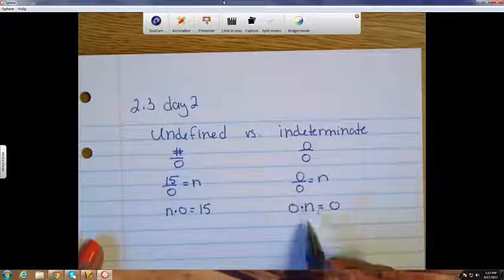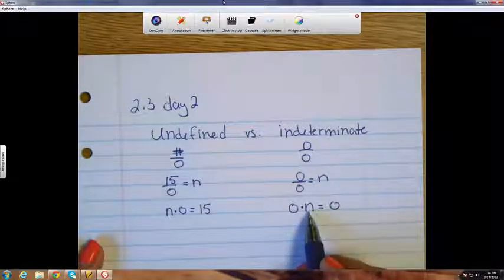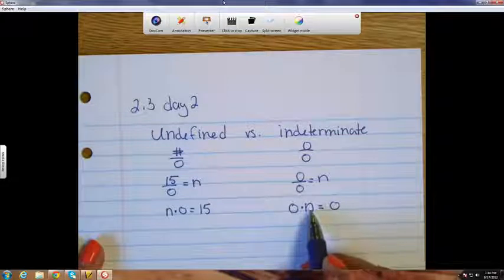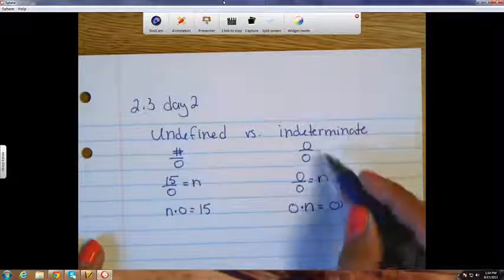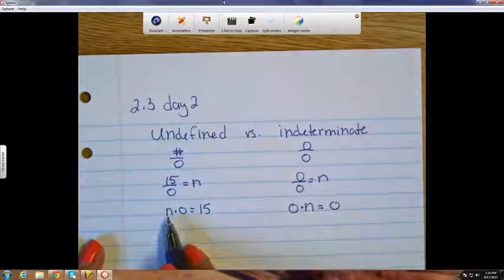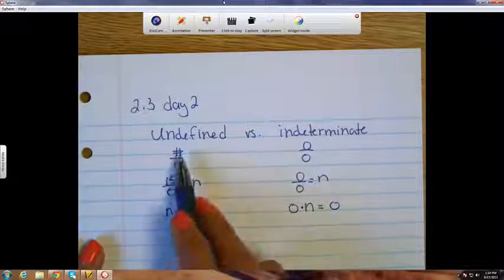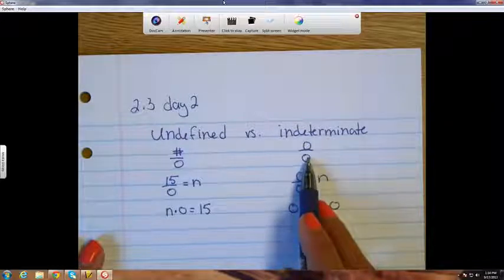Well, is there a number in your world multiplied by 0 that gives you 0? Yeah, all kinds of them. There's lots of solutions here. So the solution cannot be determined because there are so many of them. So that's why 0 over 0 is the indeterminate case. Here there isn't a number, so it's undefined. So a number divided by 0 is undefined. 0 divided by 0 is indeterminate.